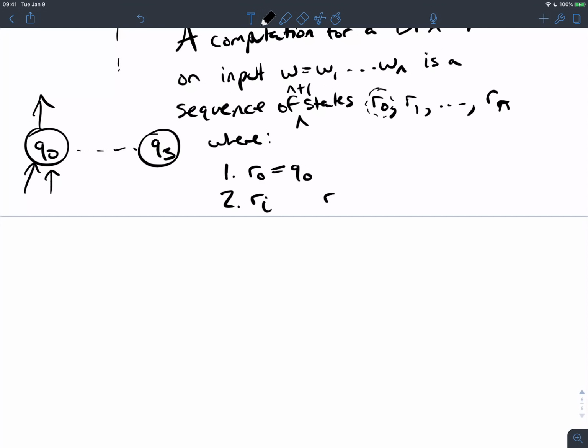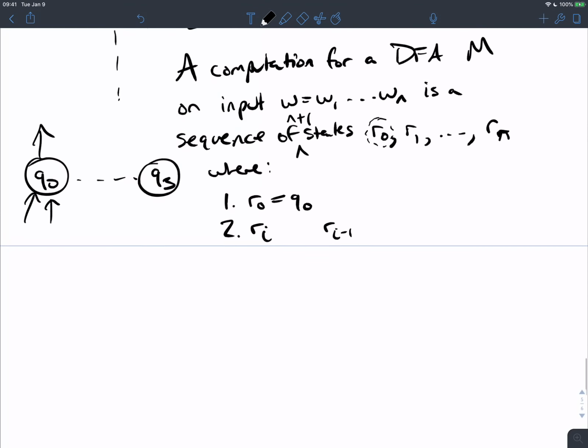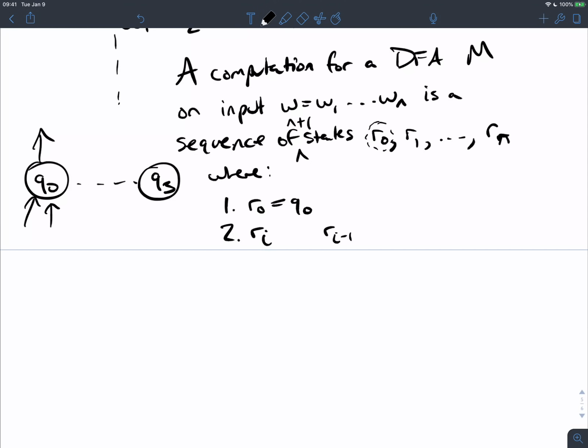How do I get from the previous state to the next one? A transition. What character am I going to look at in the input w? Wi. So to go from R0 to R1, what character should I look at? W1.